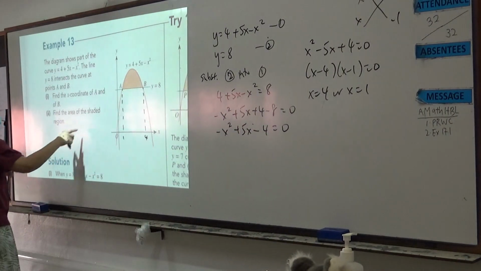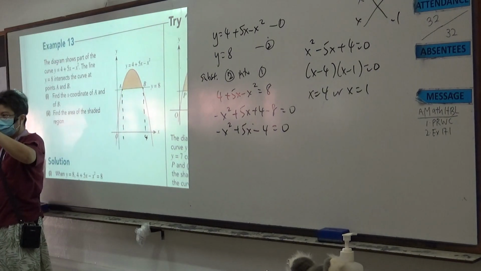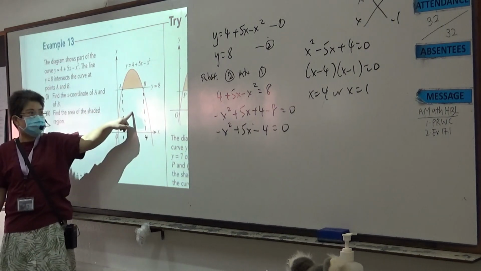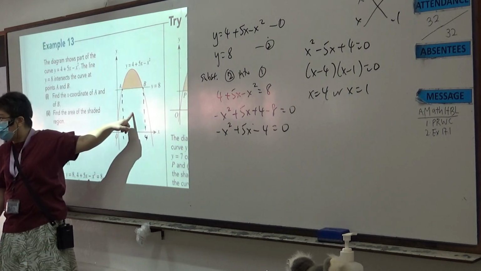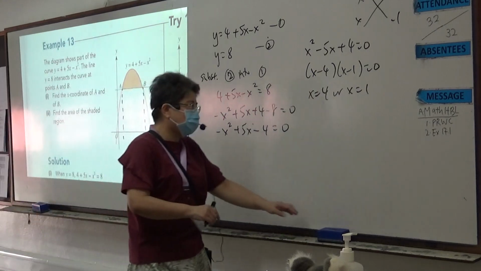Find the area of the shaded region. Now, I want this region. I want everybody to look here. Do you agree that I take this whole region minus this rectangle here? So what I do is this.